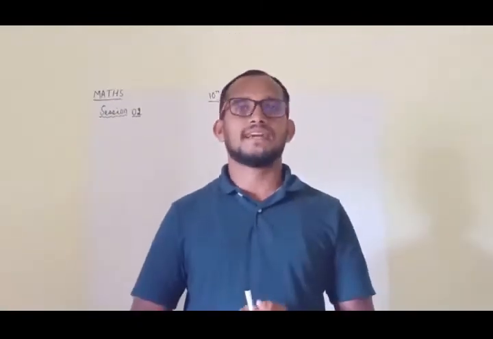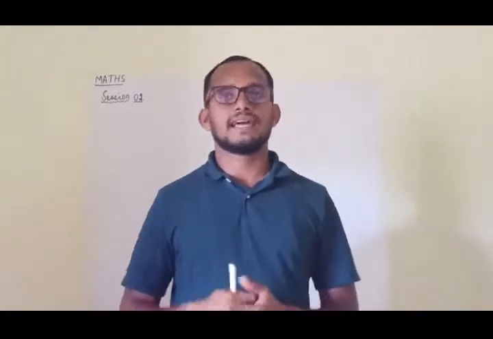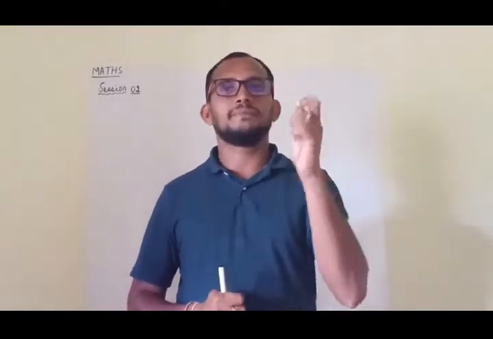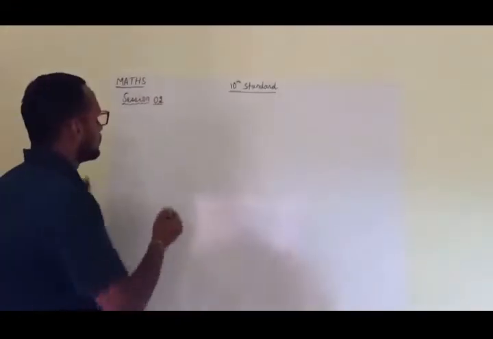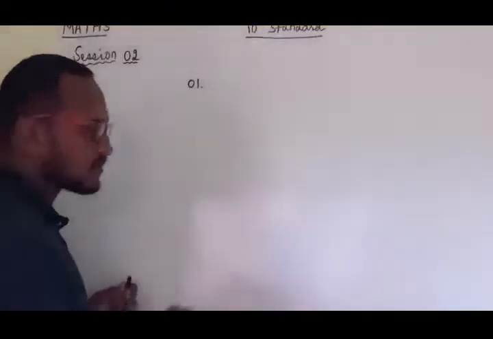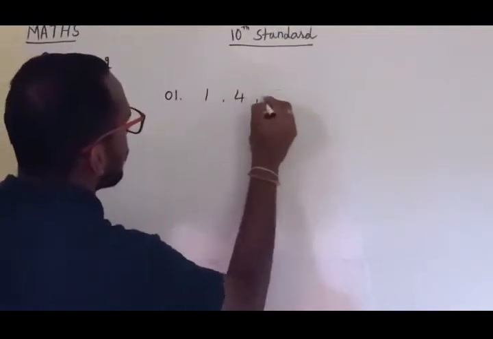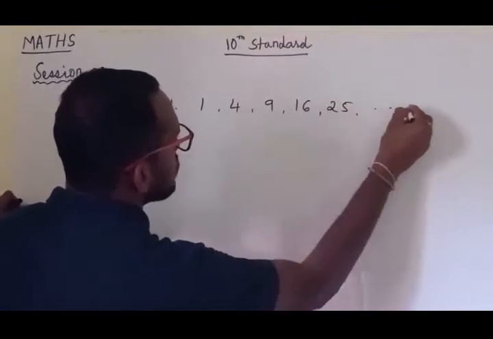In day-to-day life, many things will follow a certain pattern. In our earlier classes, we came across many number patterns. Some of the number patterns I'll write on the board. Just have a look. The first collection of numbers is 1, 4, 9, 16, 25 and so on.